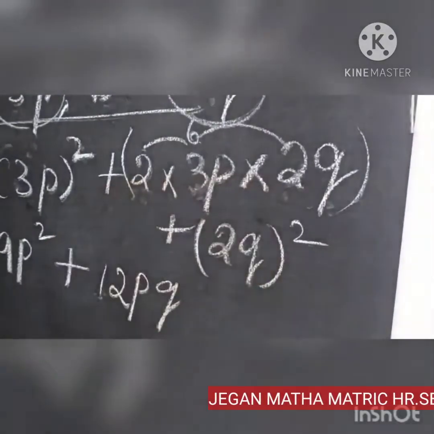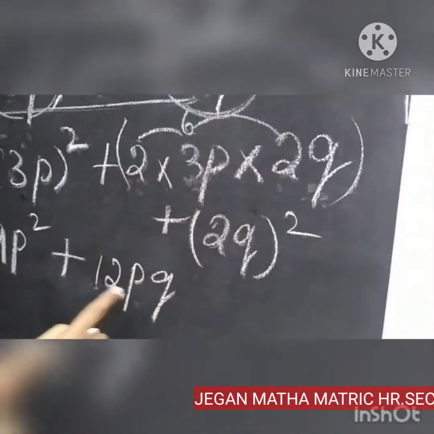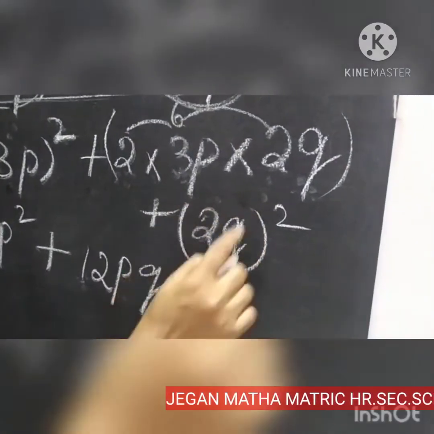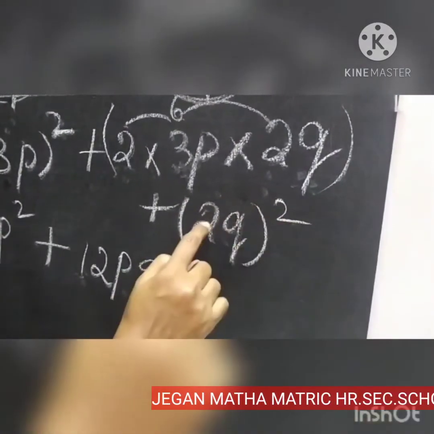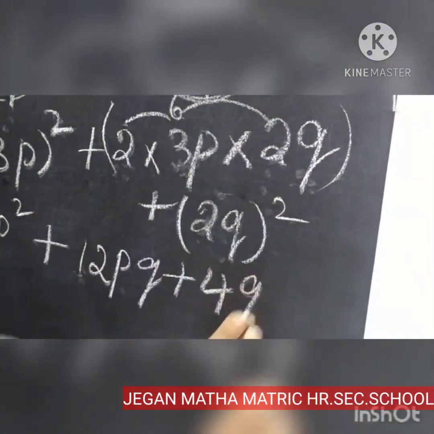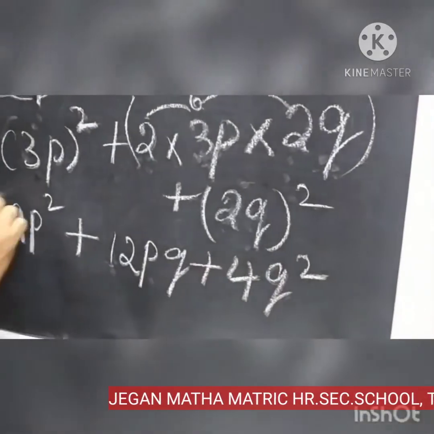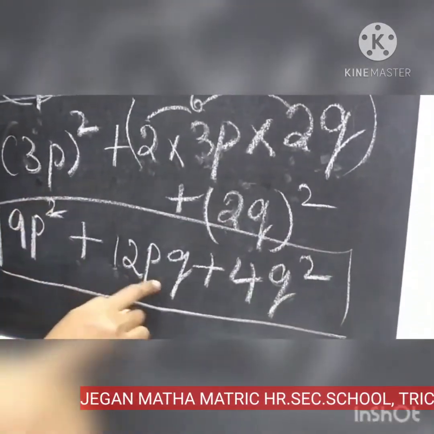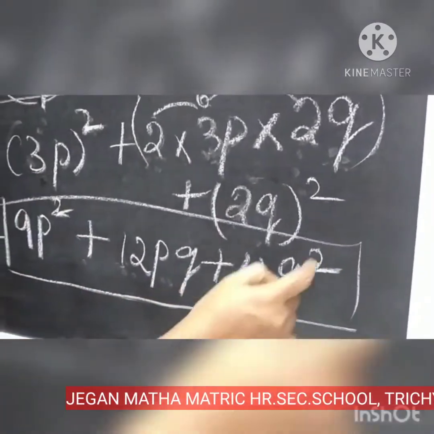Multiply the constants only and keep the variables as they are. 12pq plus 2 squared q squared. (2q) the whole square means 2 squared and q squared. 2 squared is 4q squared. The answer is 9p squared plus 12pq plus 4q squared.